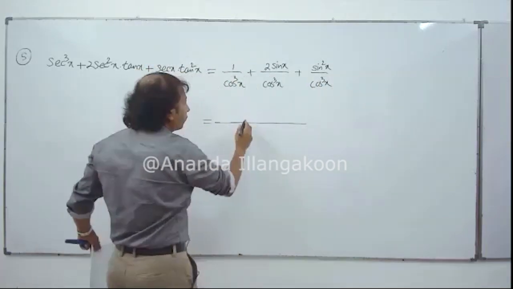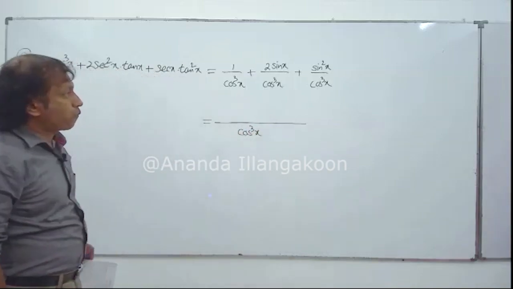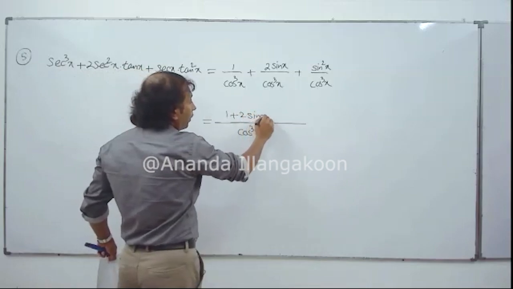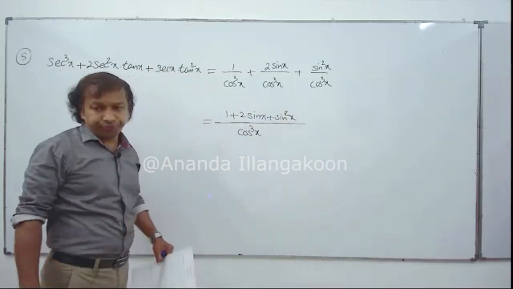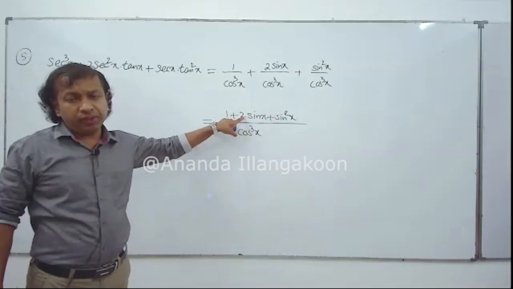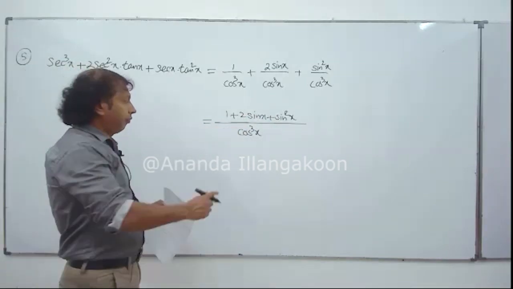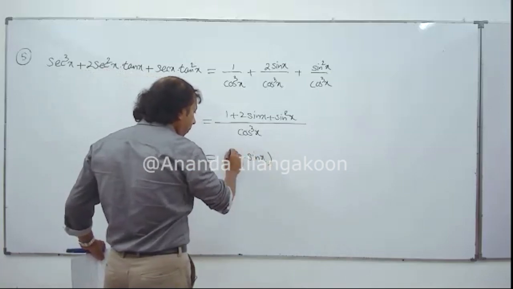Now the common denominator is cos cube x. Numerator, what we have: 1 plus 2 sin x plus sin squared x. But you know, this numerator is the perfect square of 1 plus sin x. When I take the perfect square of 1 plus sin x, what is it?